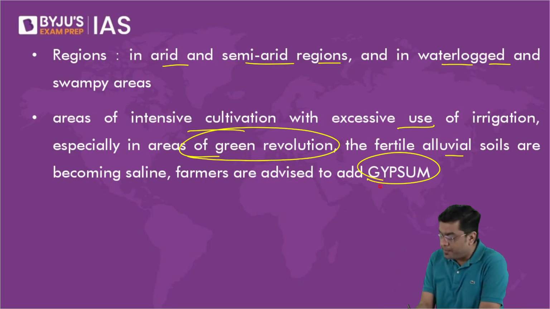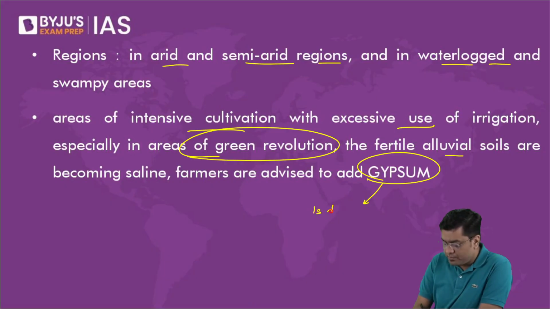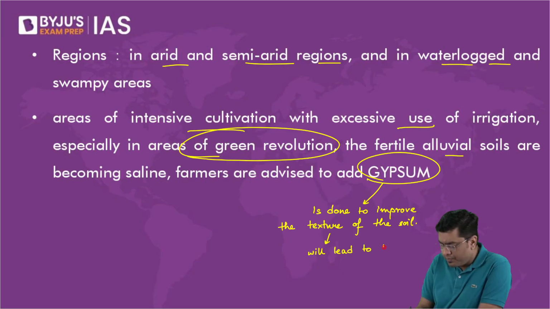So that is why you add the gypsum powder into the soil. This is done to improve the texture of the soil, and by texture we mean better water retention capacity.